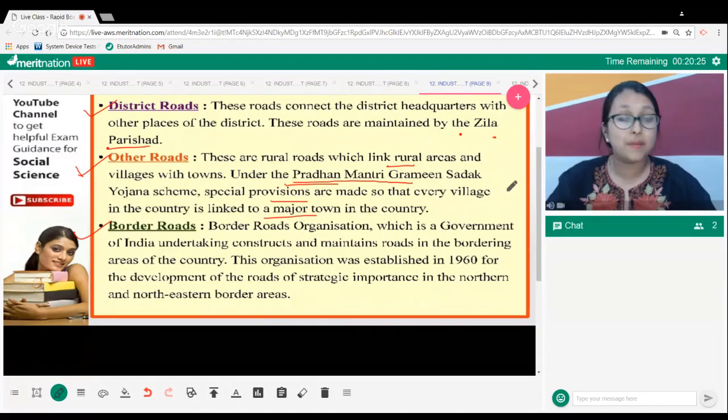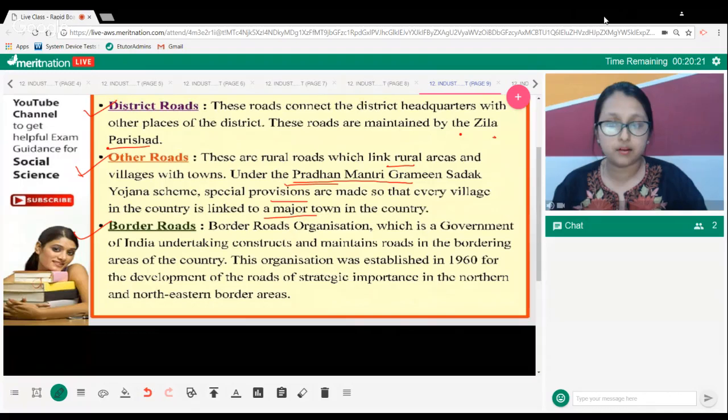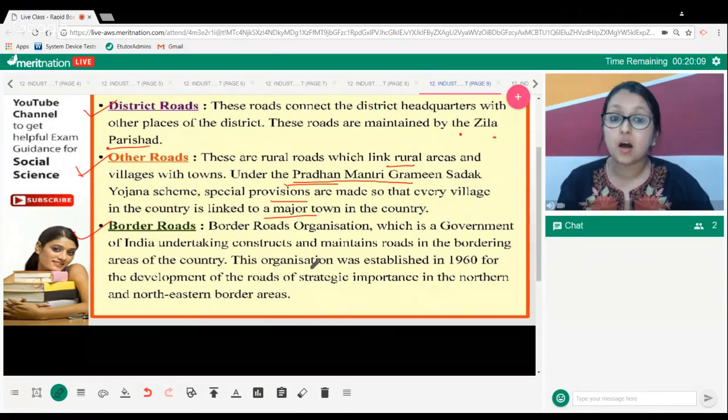Because the roads in those areas, like the dangerous Himalayas and the northeastern part, are better known to the army people and the border people. So an entirely new organization was made to take care of these kinds of roads. Fine, so you can remember by that.